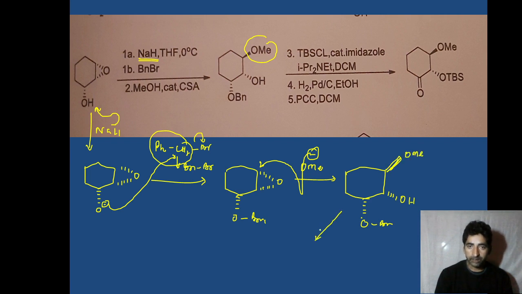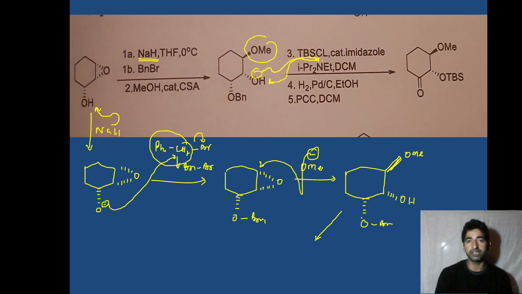Now in the next step, what is given? We are given TBS here. That's tertiary butyl silyl chloride. Now this is again a protecting reagent for alcohols, for a secondary alcohol. So over here this OH will be protected. And we are given a base. What is the function of this base? This base will abstract a proton, we'll get O minus.